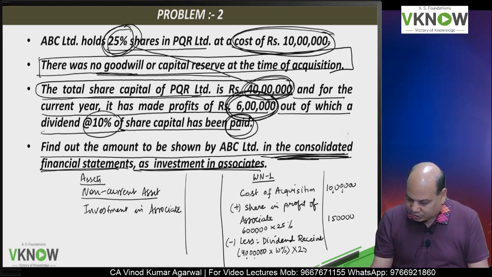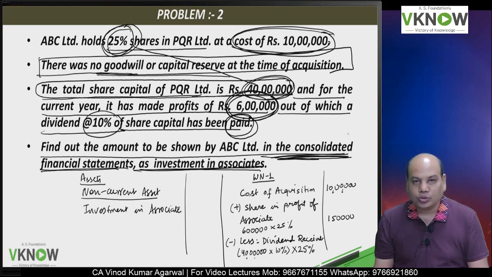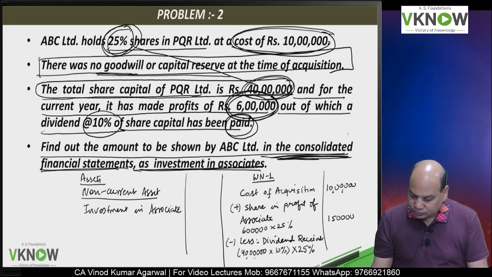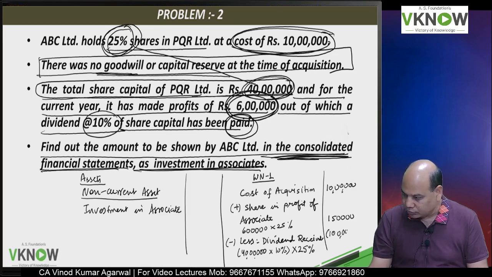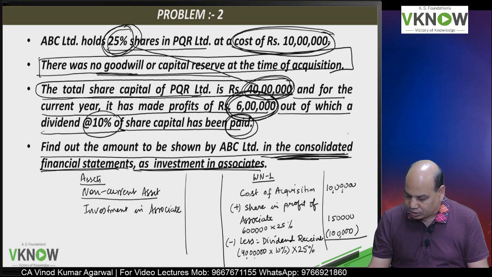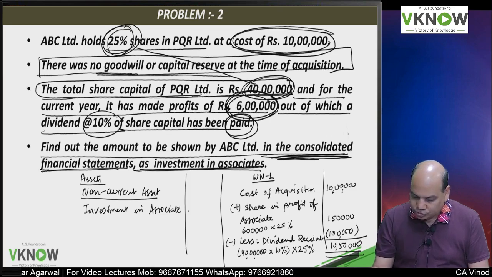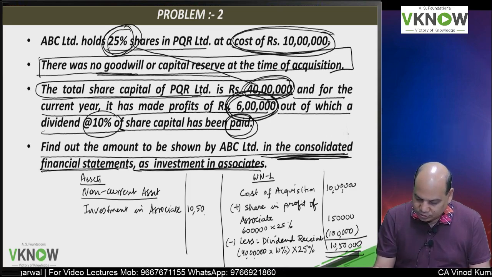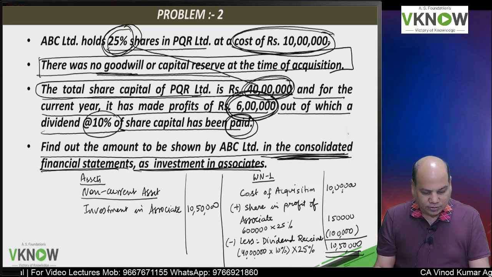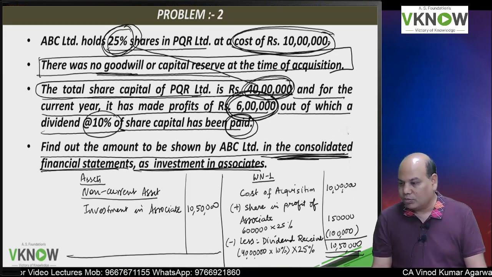But ABC Limited will receive only 25%. So that is 4 lakh into 25%, 1 lakh. And therefore, the carrying amount at the end of the year should be 10 lakh 50,000. This is how the student should prepare the answer.